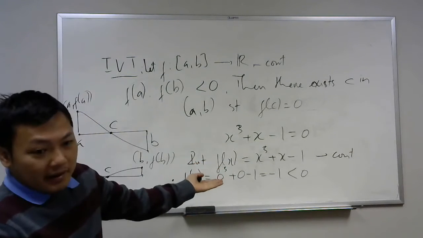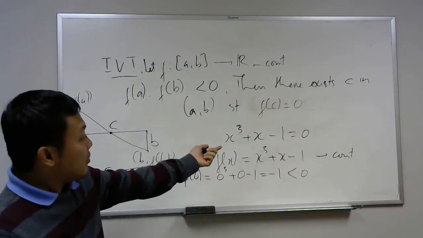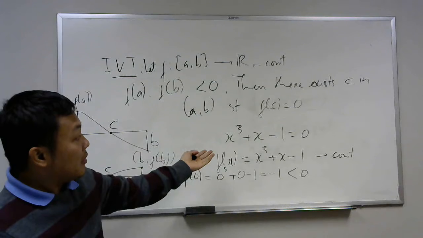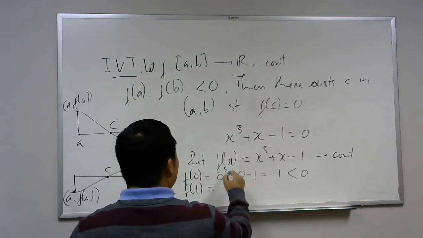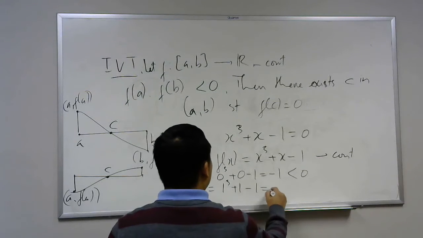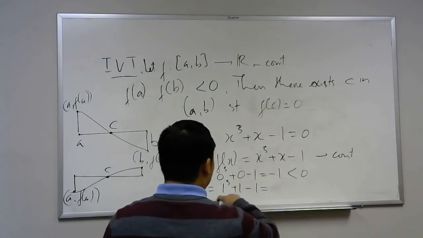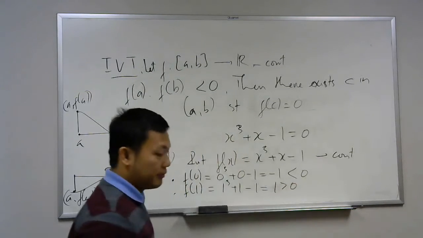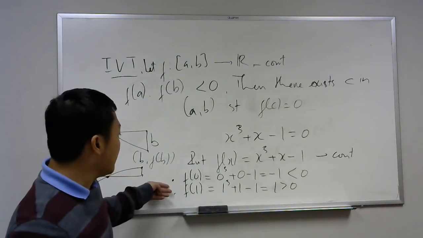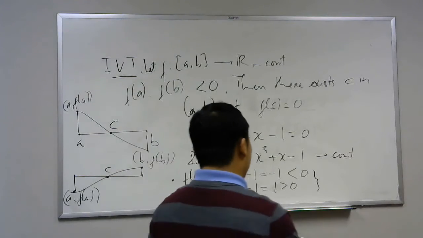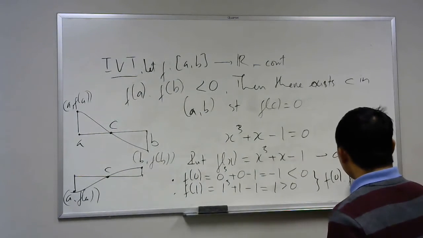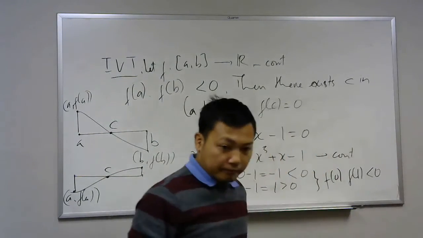So here you just play with numbers. For x cubed plus x minus 1, you can pick x equal to 1, right? So f of 1 equals 1 cubed plus 1 minus 1, which is 1, bigger than 0. And then from these two, f of 0 times f of 1 is less than 0.